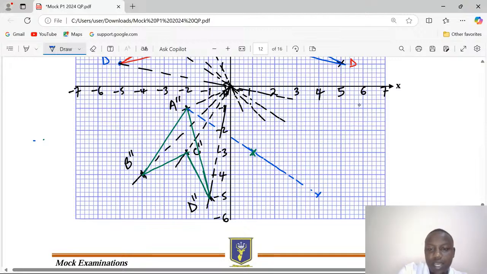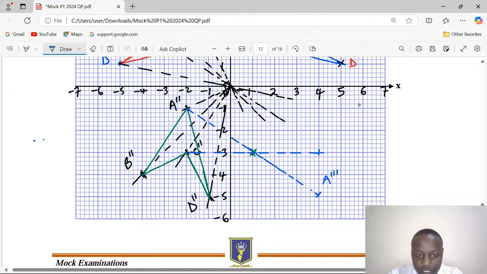So this is where that image of A is going to be. We do the same for C. We connect C and we move an equal distance to the other side. Then according to the scale, we're only moving once to the other side because it's -1. If it was -2, we would have moved twice.